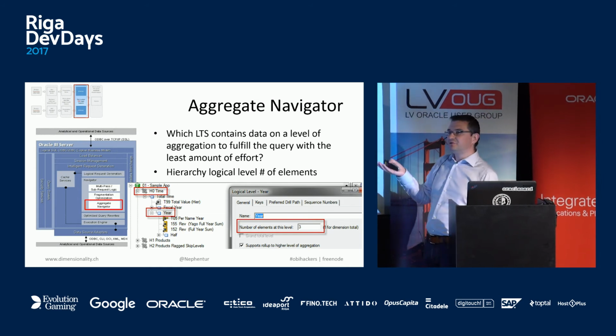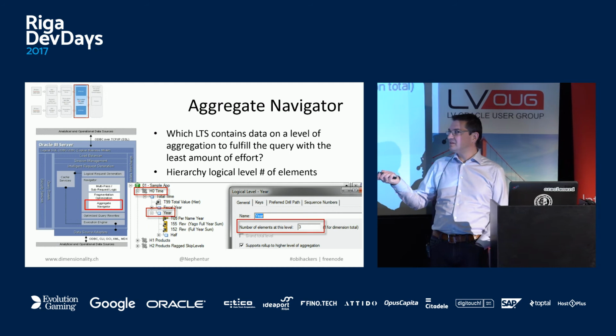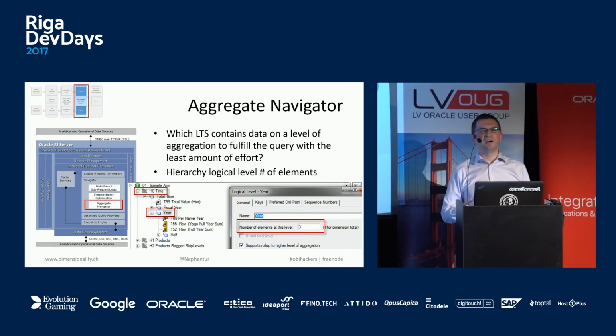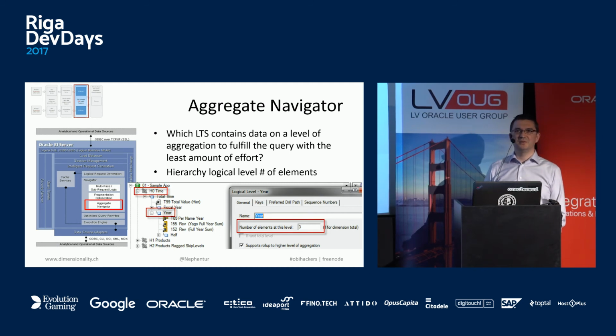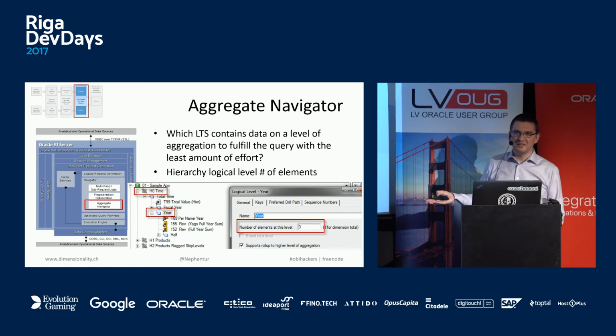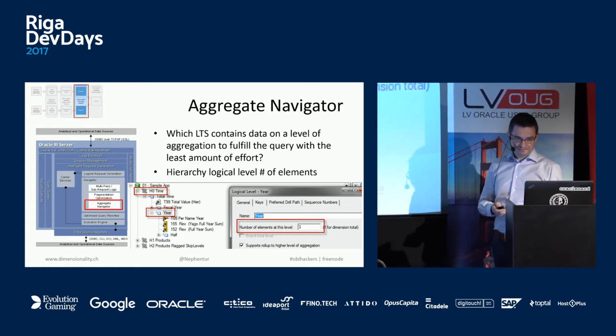By the way, this doesn't have to be absolute numbers. So for example, year down to month, you don't have to say, oh, we have 500 years in there, so that means we have 6,000 months. No, it's ratios. So it's 1 to 12 to 365. That's enough for the internal optimizer to know.